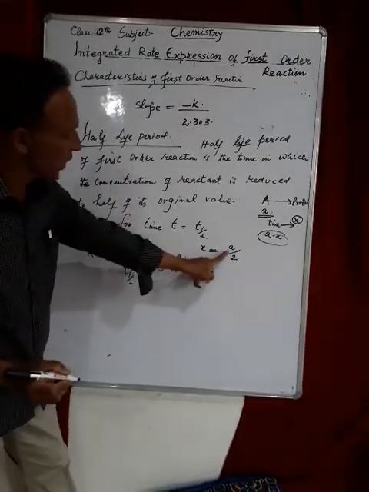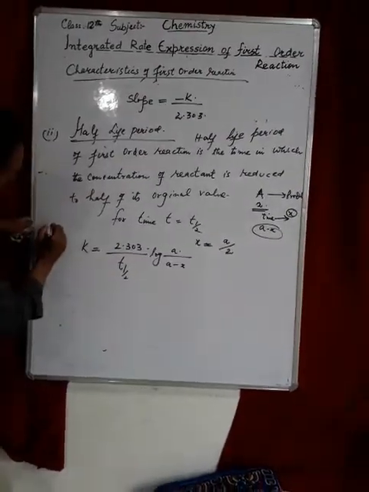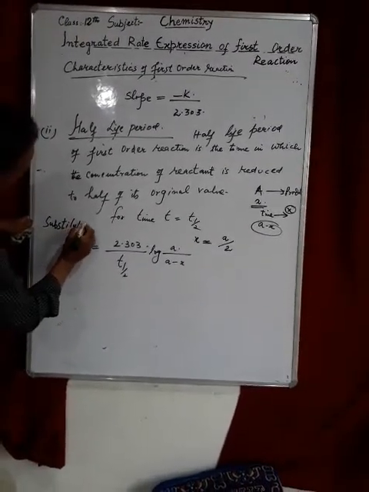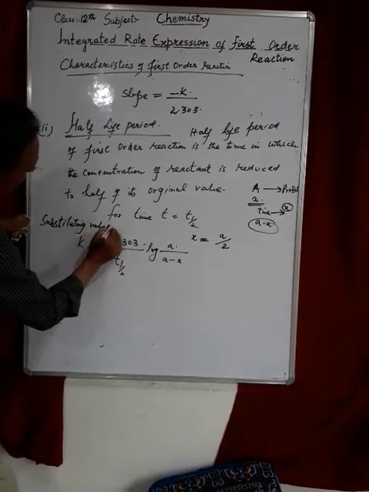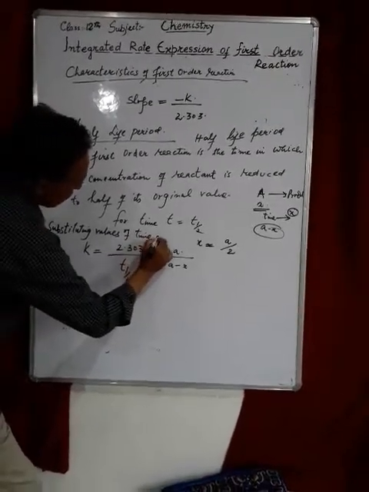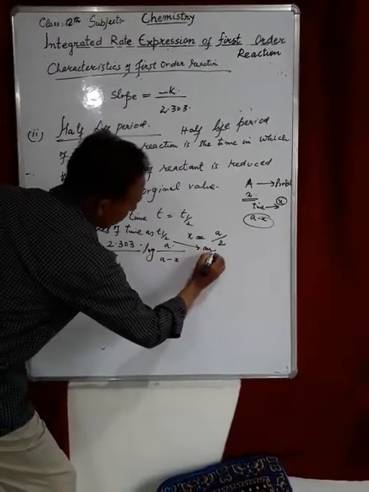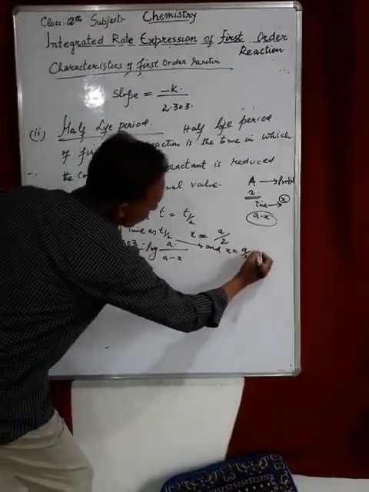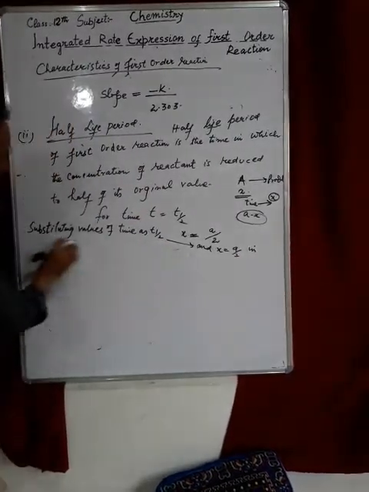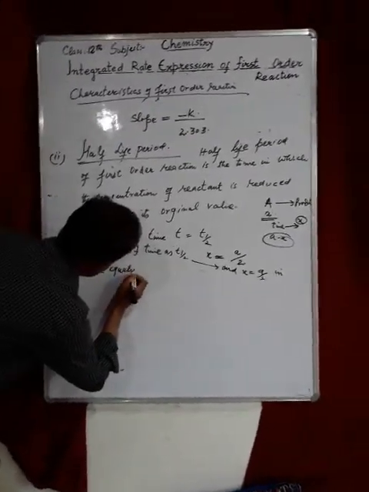Substituting the values of time as t half and x equal to a by 2 in the equation.